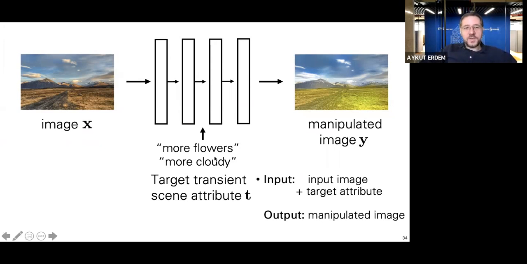For example, this could be like I want more flowers or more clouds in the given image, and our framework performs the corresponding translation by reflecting the target changes dependent on these target transient attributes.